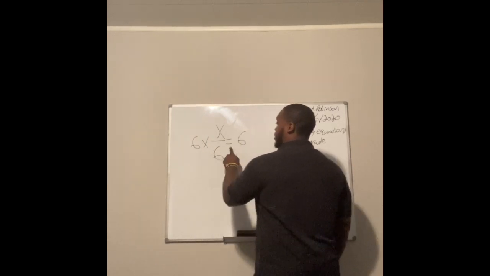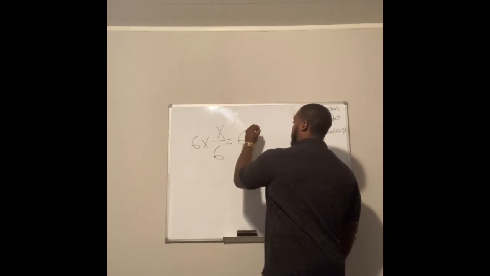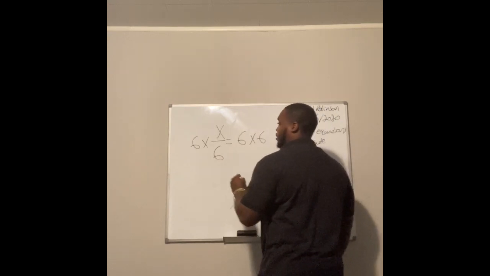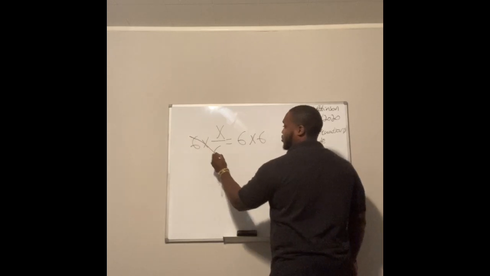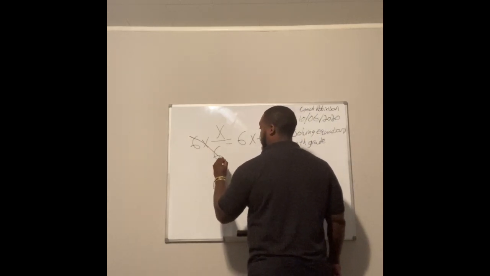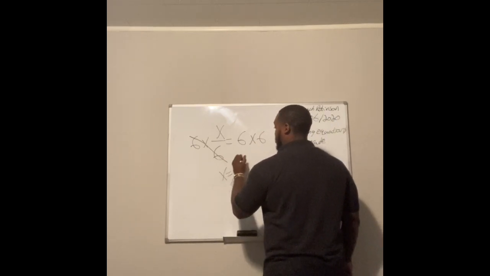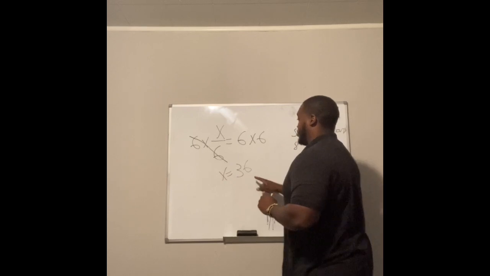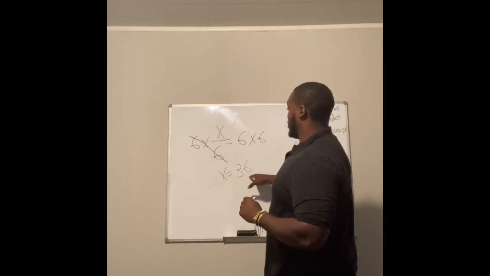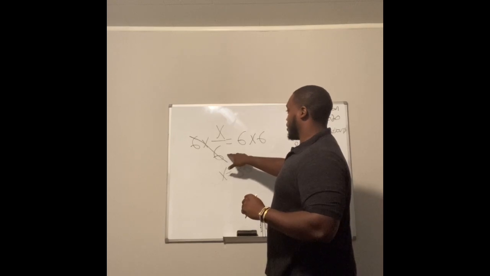Whatever you do to one side of the equal sign, you have to do to the other side as well. So we're going to times this 6 by 6. These two 6's will cancel out, leaving the variable alone. So x will equal 6 times 6, which is 36. And I should be able to plug in 36 for x and divide by 6 and get 6.